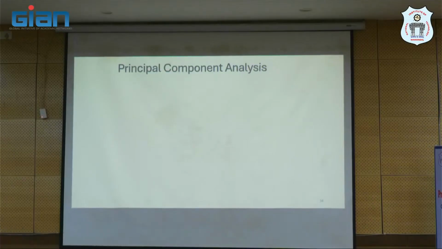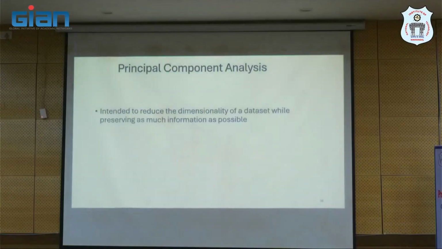So principal component analysis by definition is intended for dimensionality reduction. Okay, so what do I mean by that? In the previous example, we had a feature vector comprising kurtosis and RMS. There were only two dimensions, right? Let us say a facial recognition system.